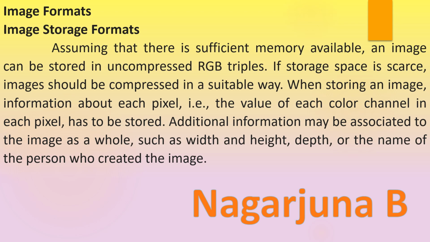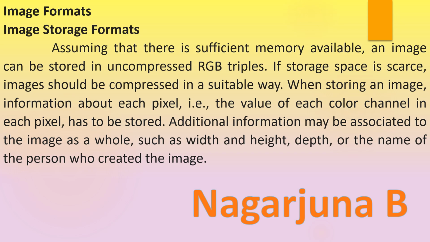When storing an image, the information about each pixel, that is the value of each color channel in each pixel, has to be stored. As I told, a pixel is the smallest measurable unit in an image. The smallest addressable part of an image is called a pixel.